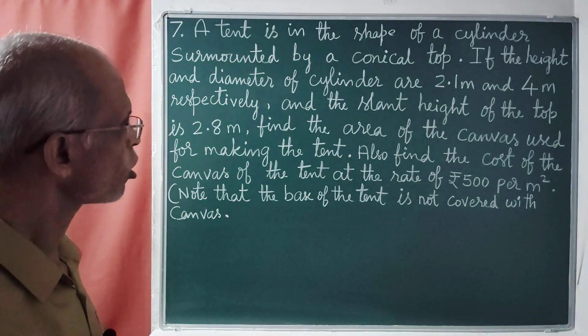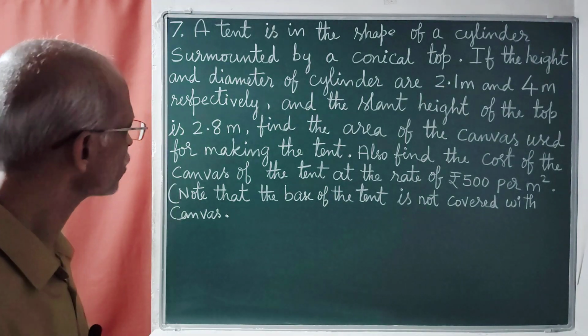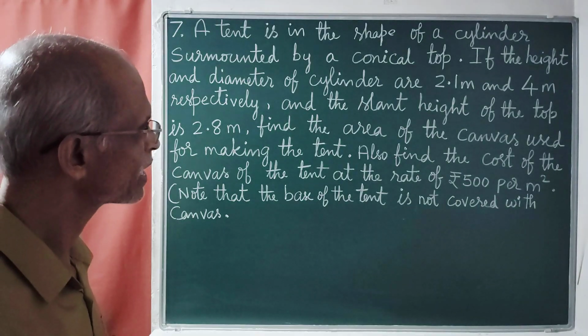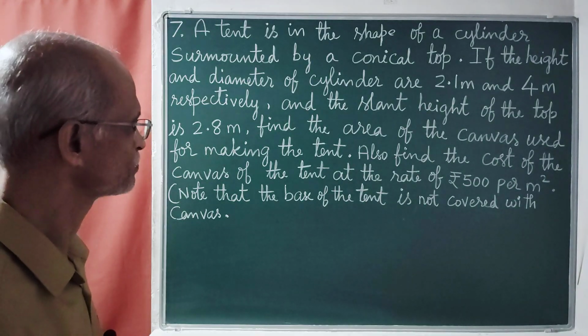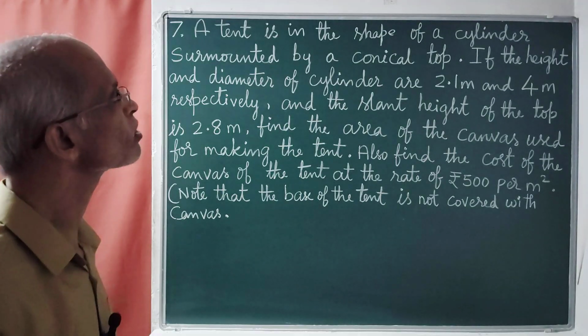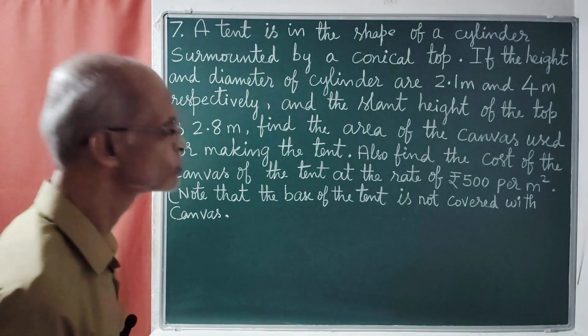Also, find the cost of the canvas of the tent at the rate of rupees 500 per square meter. Note that the base of the tent is not covered with canvas.